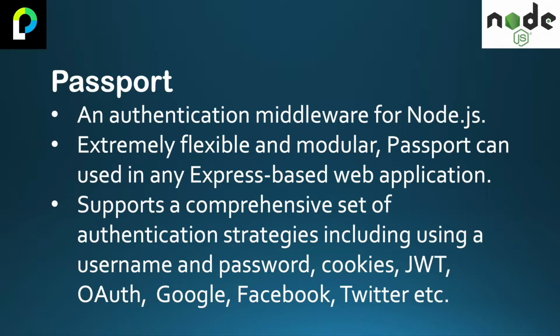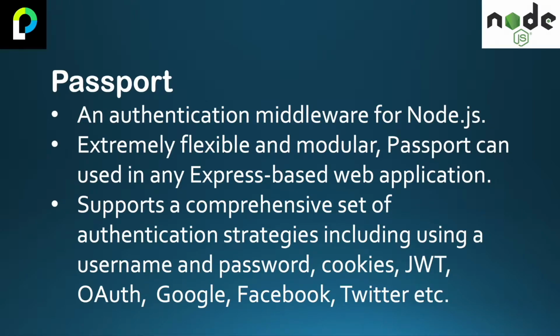One of the most interesting and important features of Passport is that it supports a comprehensive set of authentication strategies, including username and password, cookies, JSON Web Tokens, OAuth, Google, Facebook, Twitter, etc. Typically, when you develop web applications, you would have seen different kinds of authentication models.